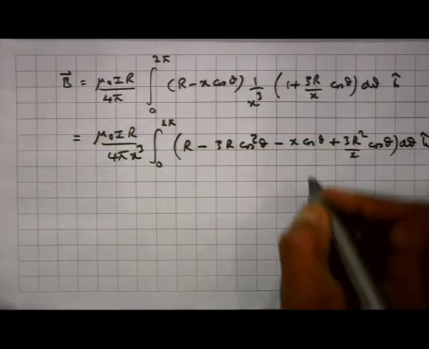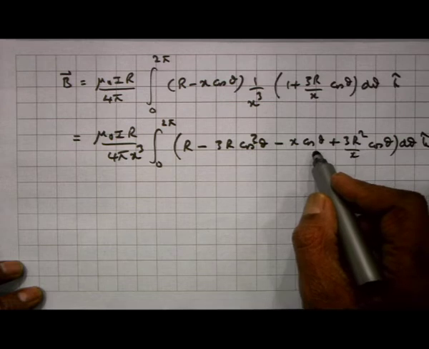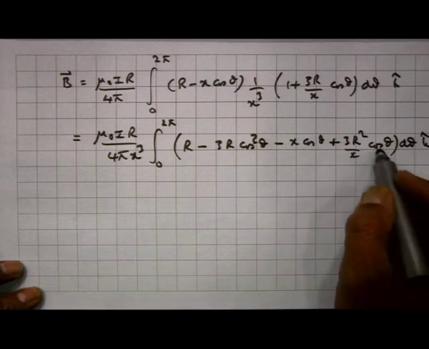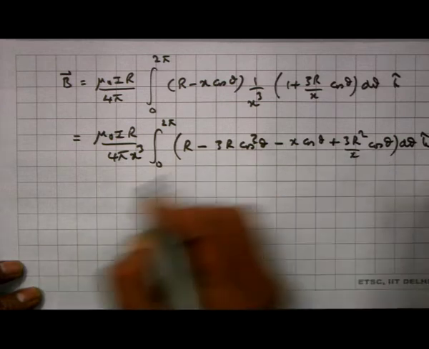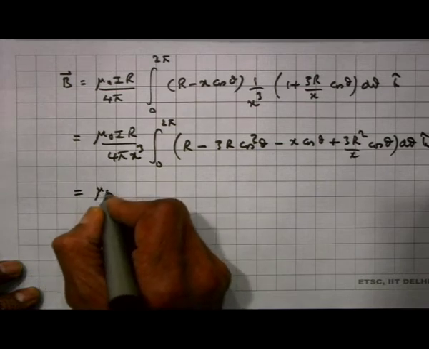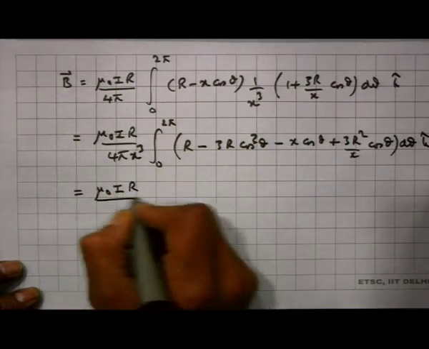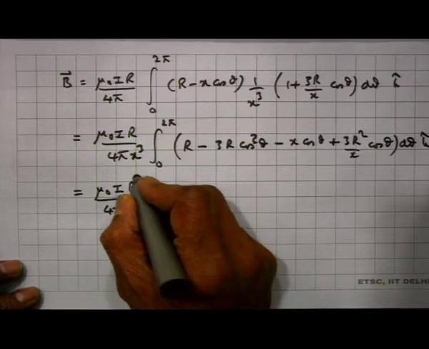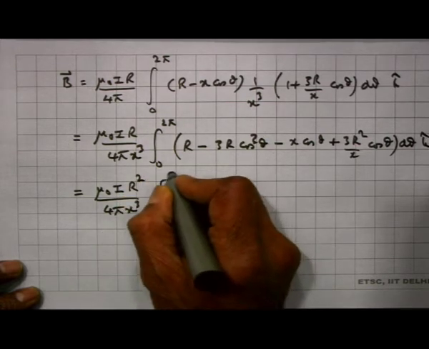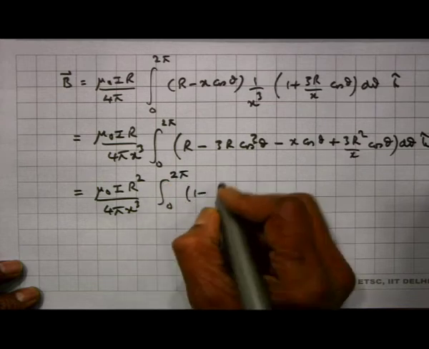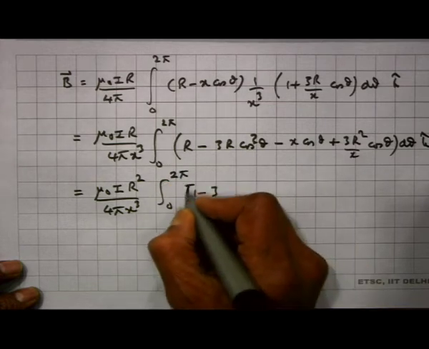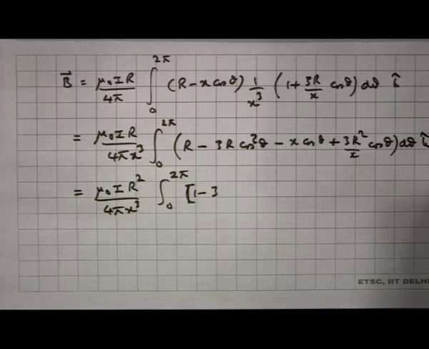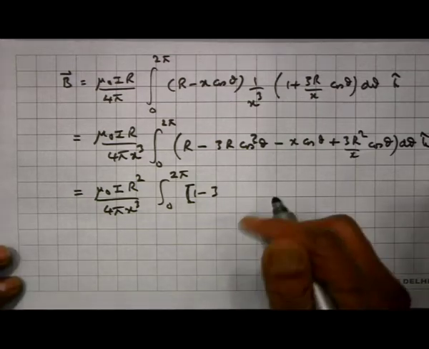Now, you see here that integral 0 to 2 pi of cos theta is 0, this will give me 0. I need to look at this part now. So, this is mu 0 I r by 4 pi x cube, and r comes out. So, it is 0 to 2 pi, 1 minus 3 cos square theta. Now, cos square theta I know the expression. Cos 2 theta is 2 cos square theta minus 1.